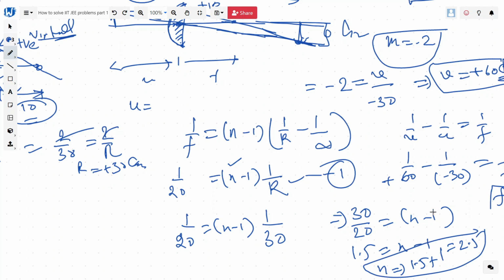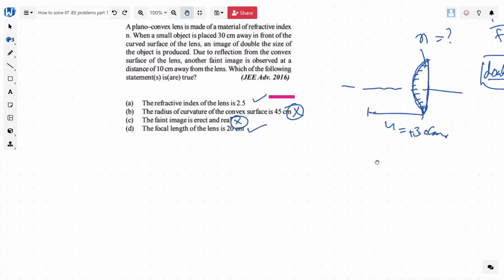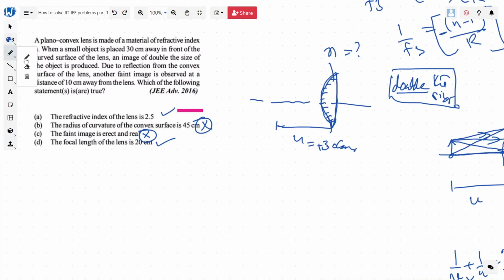Let's check if we have that in the options. Yes, it says the refractive index of the lens is 2.5. So the correct options here are A and D.